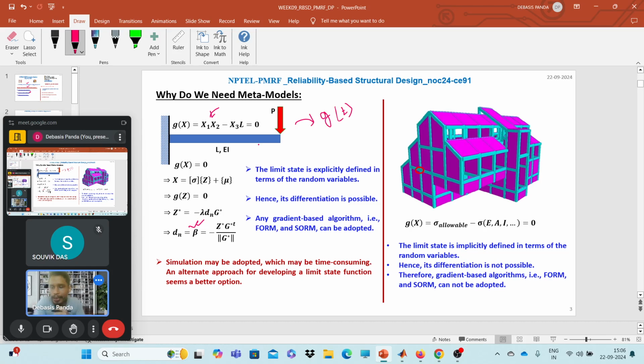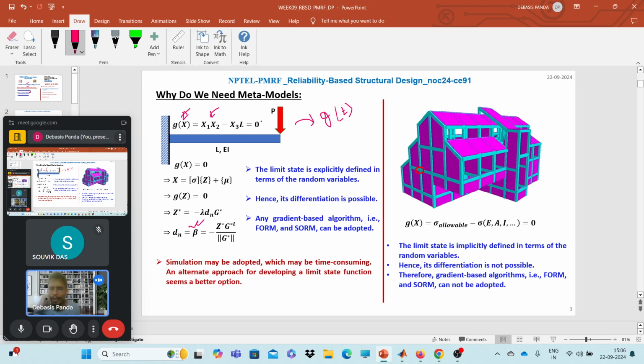Now, if we want to apply gradient based reliability analysis to some problems, we need to have the limit state function in explicit form. That means it should be defined with respect to the basic variables.